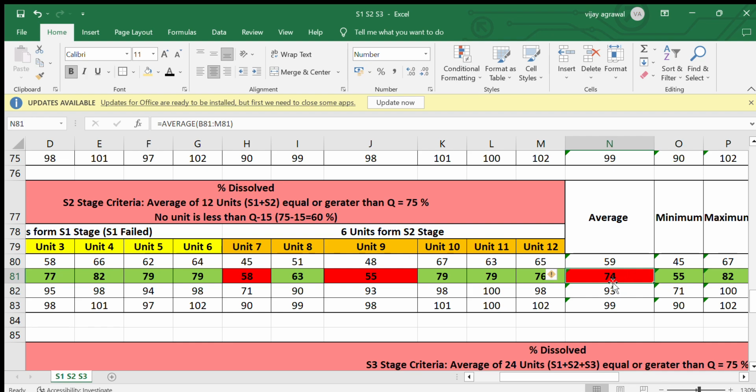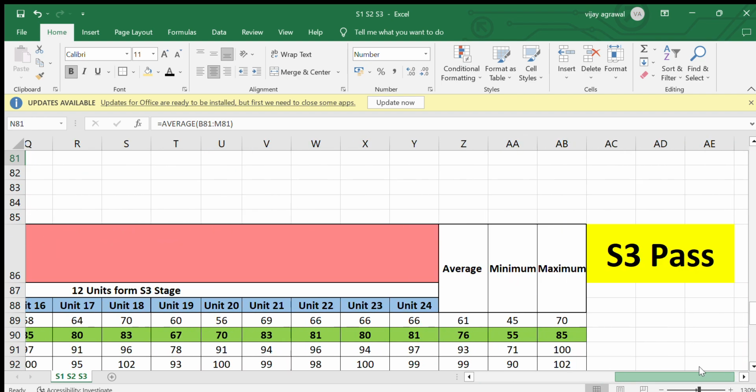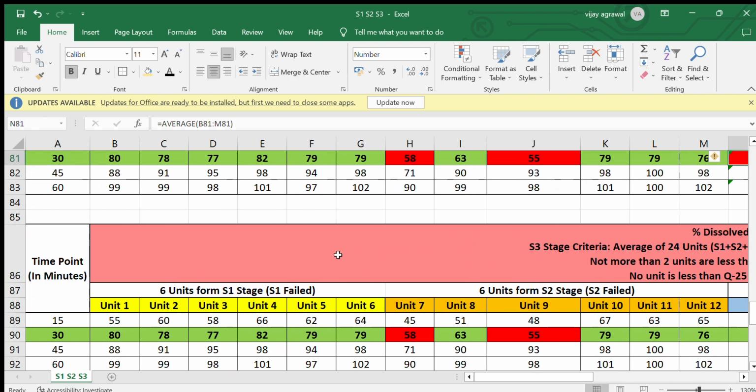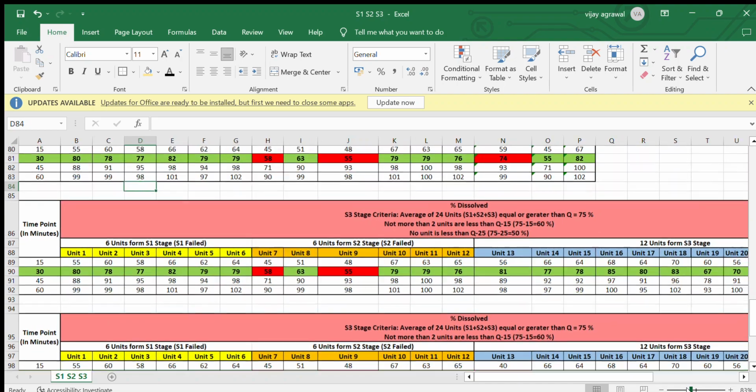So this is the failure of the S2 stage. Now, after failing the S2 stage, we have to take another 12 units and we have to perform the dissolution at S3 stage.